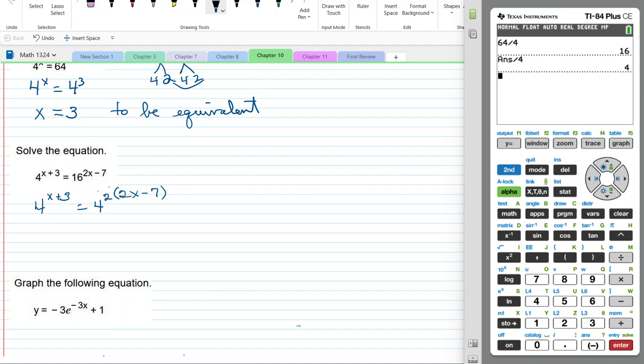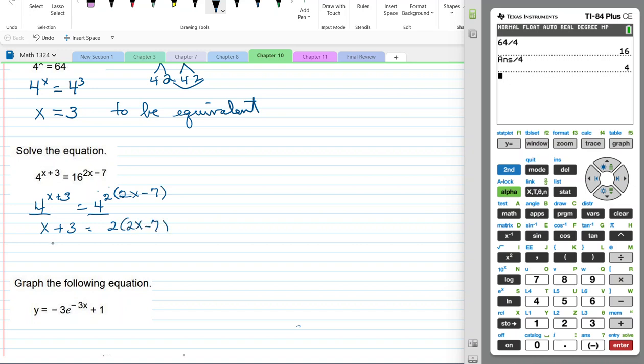All right, so we're looking at this mathematics and seeing what we have as a solution for this equation. So we know that the bases are alike, therefore x plus 3 must equal 2 times 2x minus 7.